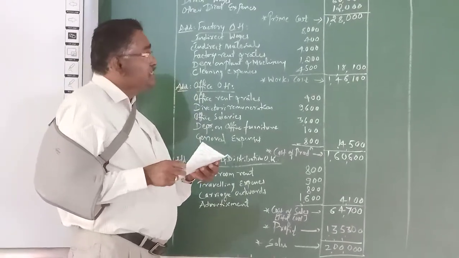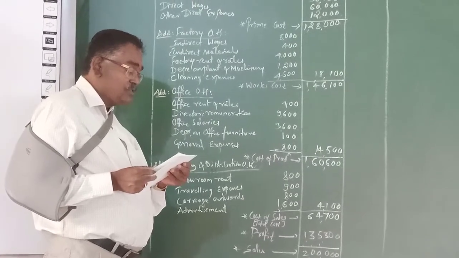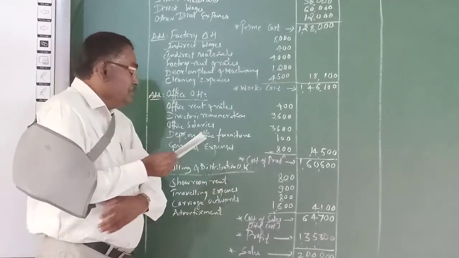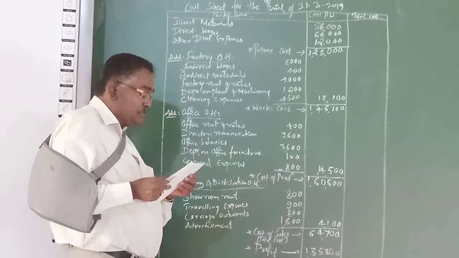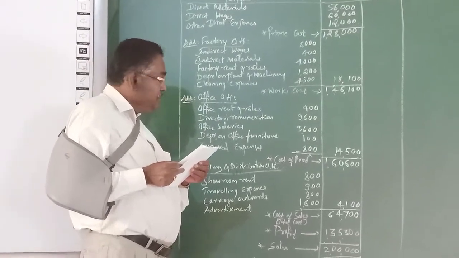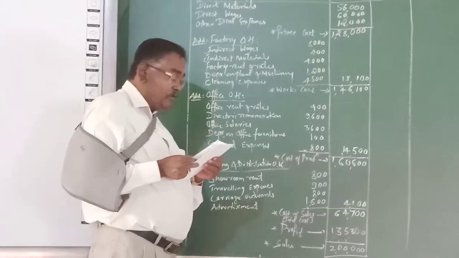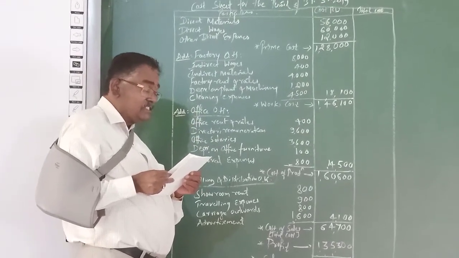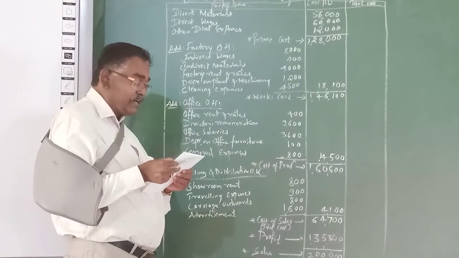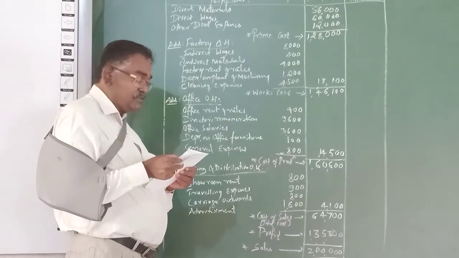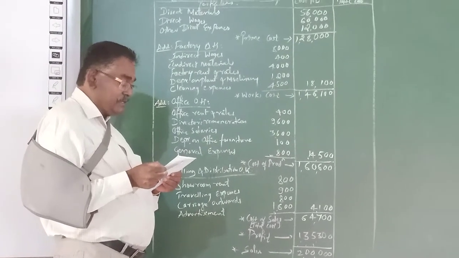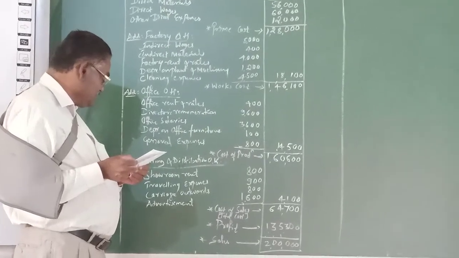Direct materials 56,000, direct wages 60,000, indirect wages 8,000, other direct expenses 12,000, factory rent and rates 4,000, office rent and rates 400, indirect materials 400, direct distribution 9,600, office service 3,600, sales 2 lakh, depreciation of plant and machinery 1,200, office furniture 100, general expenses, maybe factory 4,500, office 800, selling 800, travel expenses 900, garage outputs 800, advertisement 1,600.